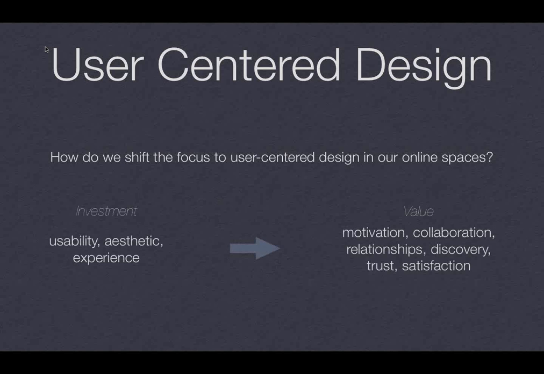As libraries, we need to understand that investing in the individual characteristics that make user-centered design, such as usability and aesthetic and experience, that these have a direct return on investment, a directly resulting value, such as users who feel motivated, who collaborate, who build relationships with the organization, the library, their peers in an academic setting, users that can more easily discover library materials. And of course, all these aspects, these elements, result in feelings of trust and satisfaction, and it goes on from there.